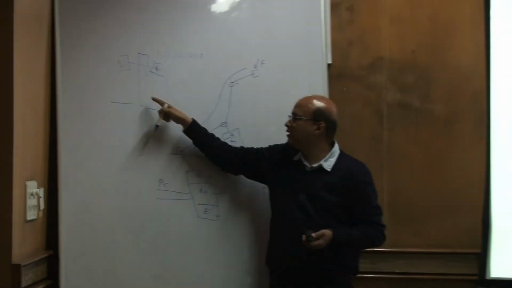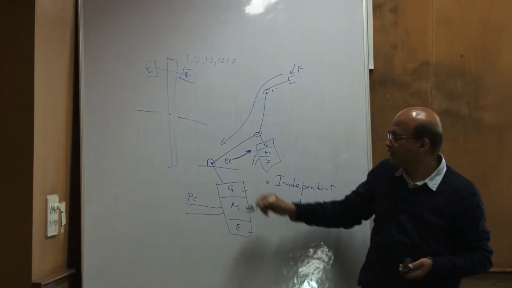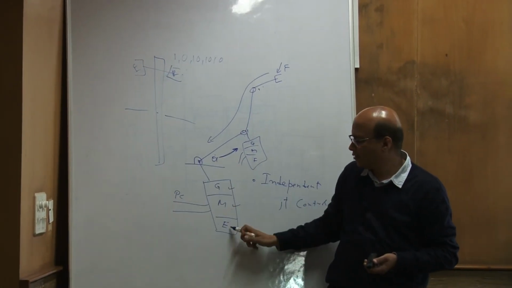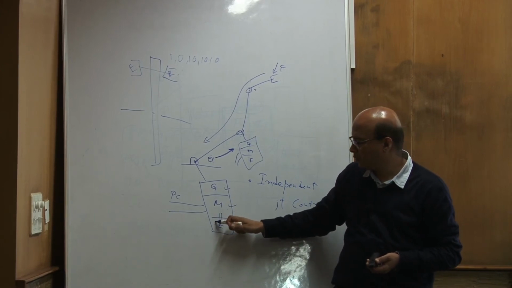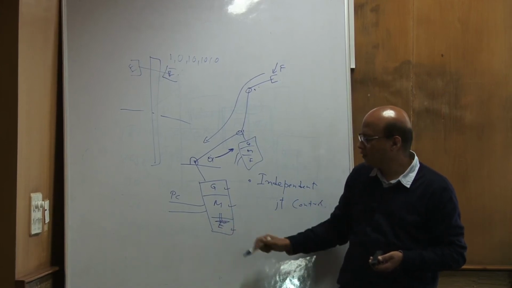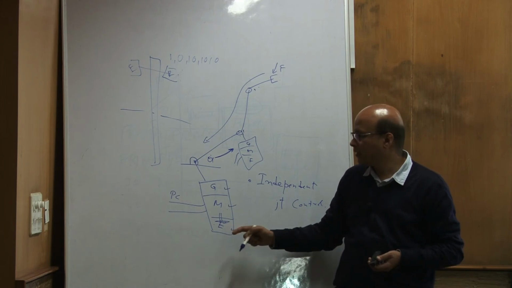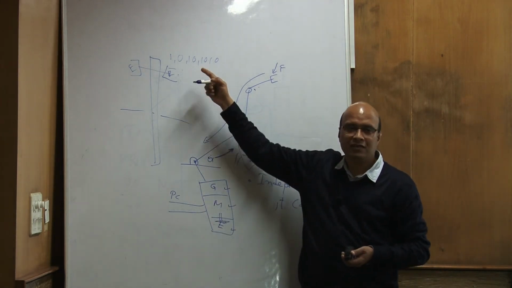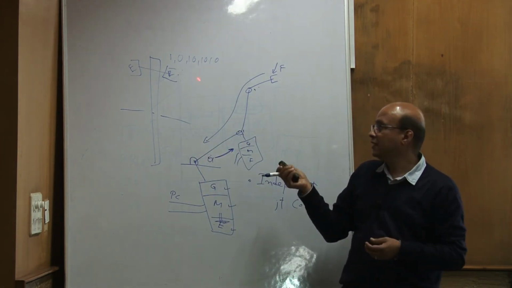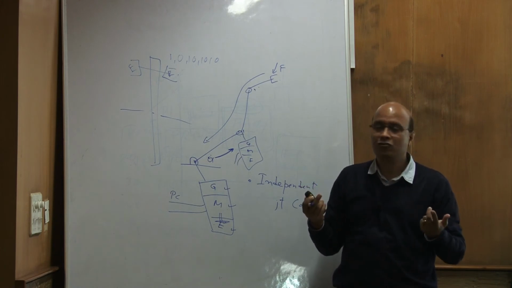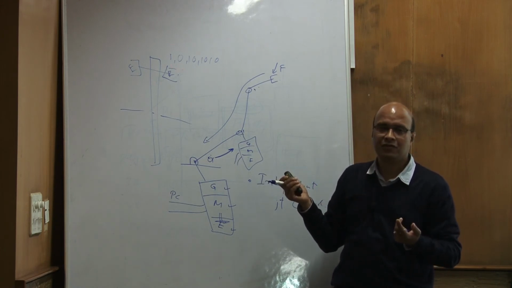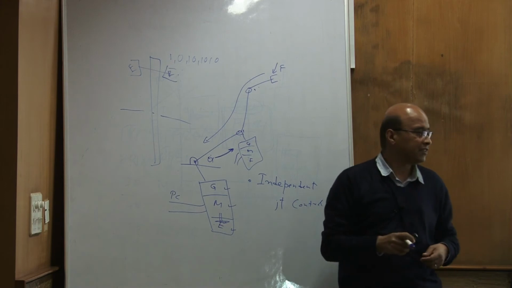Right? So, when the joint is rotating, there is no other conversion required. The controller can actually read it directly. Now, how do you measure the position?